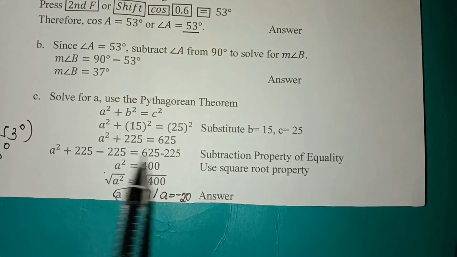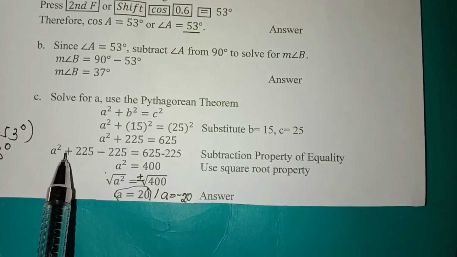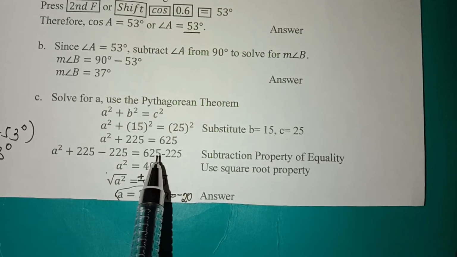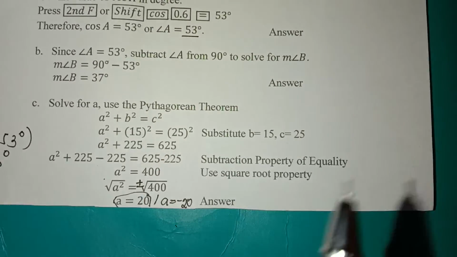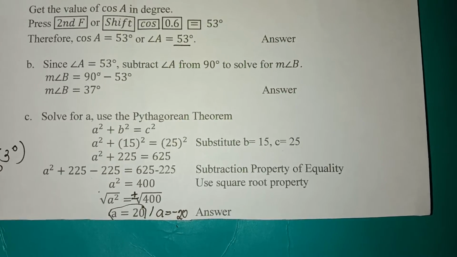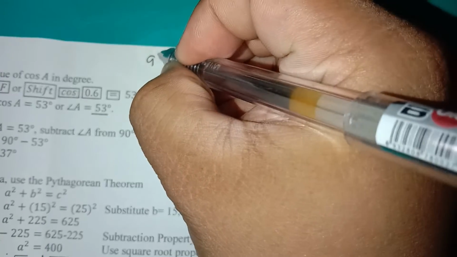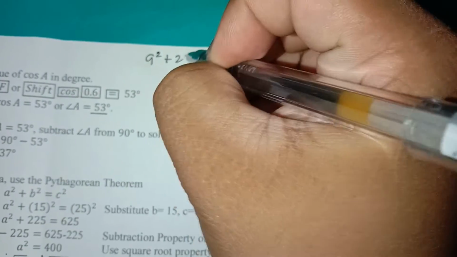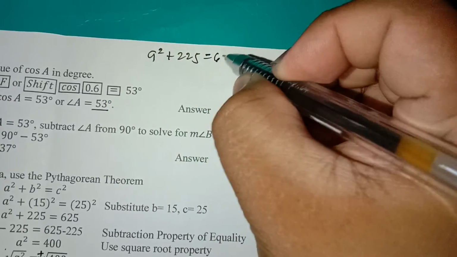And if you are wondering also how to solve this part, A squared plus 225 minus 225 equals 625 minus 225, I will give you another way. I discussed last time about transposing the numbers and the variables in order to solve linear equations. Let me write it here. Originally it is A squared plus 225 equals 625.